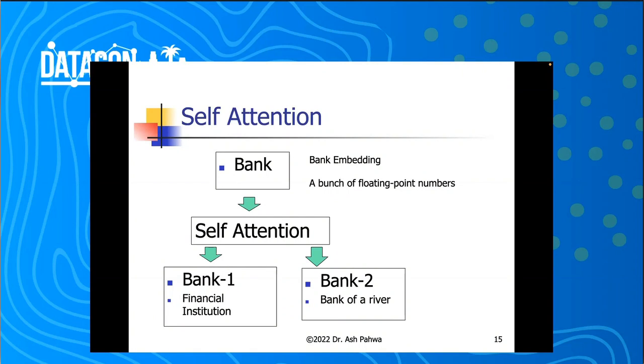So let me first define what an embedding is. An embedding means that every word in the English language is given a vector of floating point numbers. This concept came about in 2013 with word2vec, in Tomas Mikolov's famous paper.